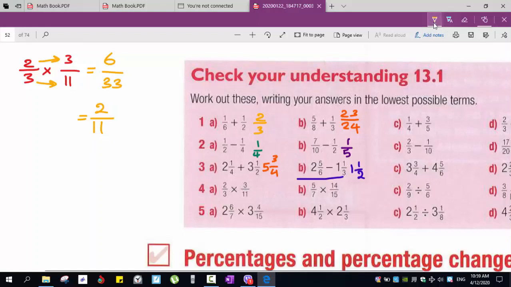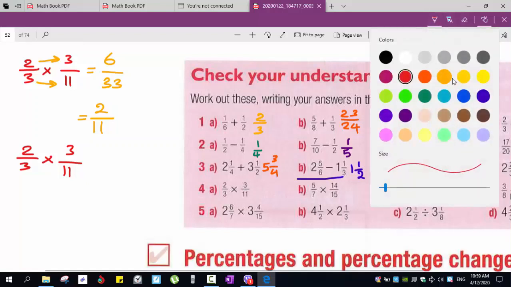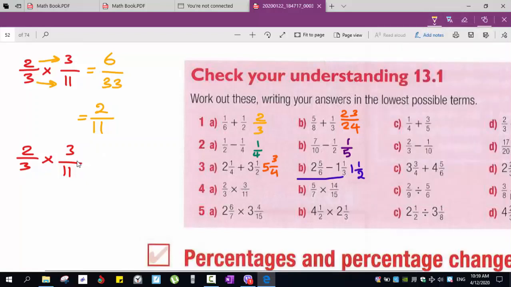This is one way. The other way to do the exact same question, 2 over 3 multiplied by 3 over 11, is that we can always simplify before we multiply. So this 3, because it's on the top, will be cancelled with this 3 because it's on the bottom.